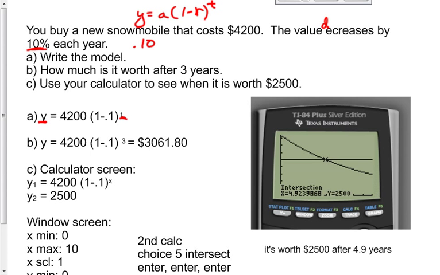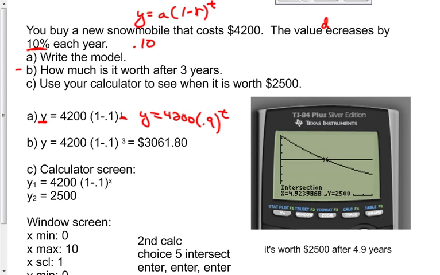This is fine. If you wanted to go ahead and do this subtraction, that's okay too. Y equals 4,200 times 0.9 raised to the t. Those are things that I need to see when you write a model: a y value and a t value, and then your start number, and then whatever we're going to have as our multiplier.